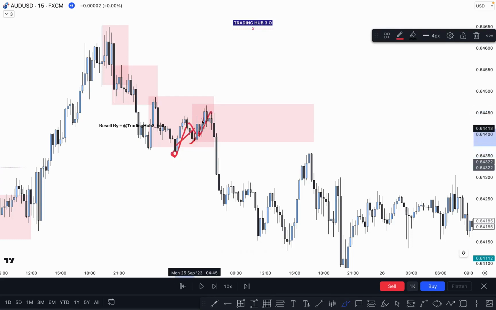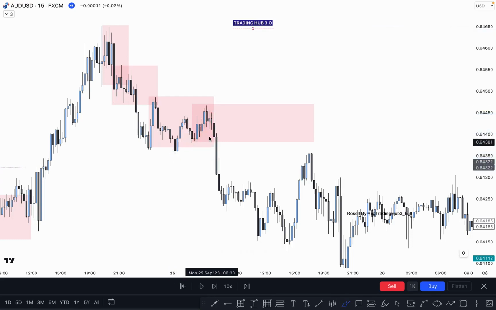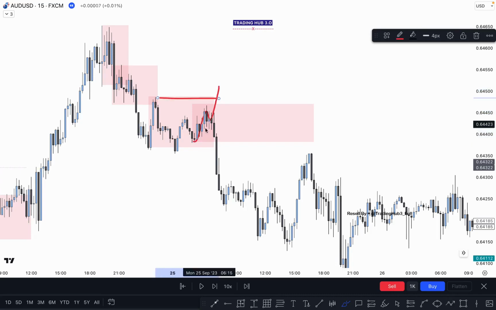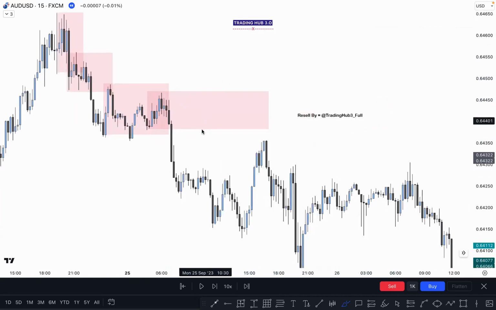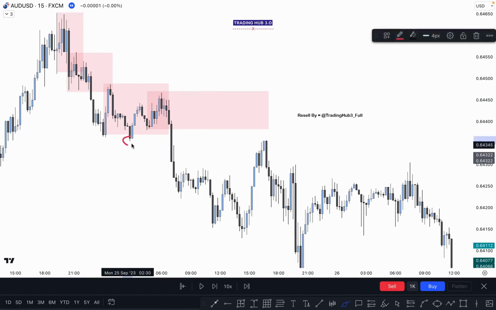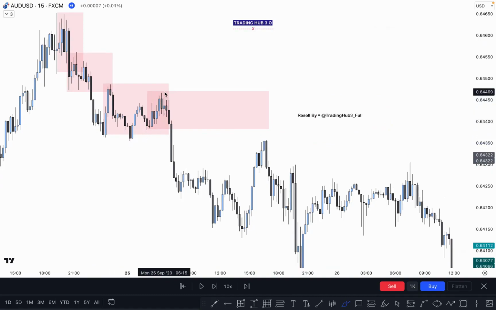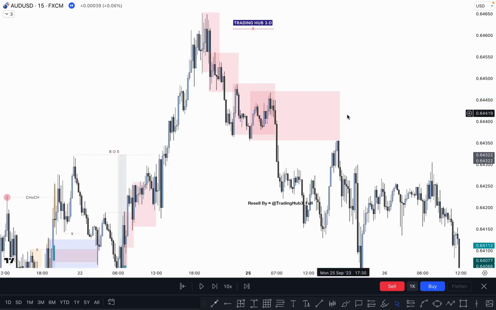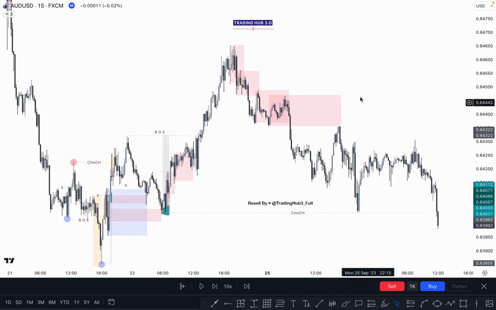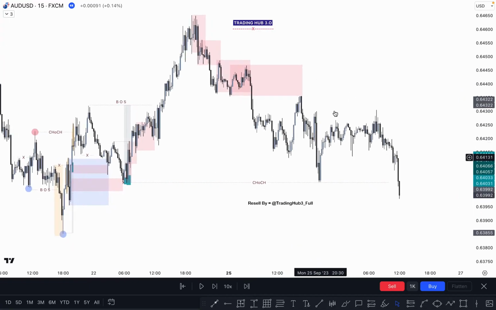So this is a part of this leg. If the market did not break this low, something like this, and went higher, then this point would become our next order flow. So this high is not broken, it just broke this low, so the momentum started from this point to this high. So we are using the entire thing as an order flow right here. Okay, so this one is mitigated at this point, the market went down, and then what happened here in this case?